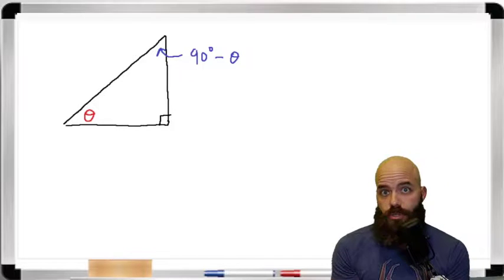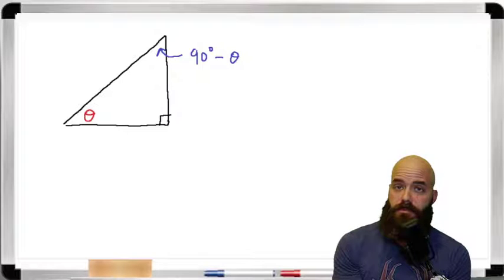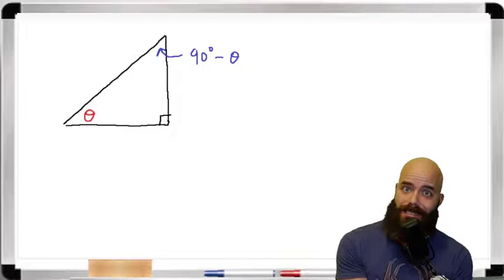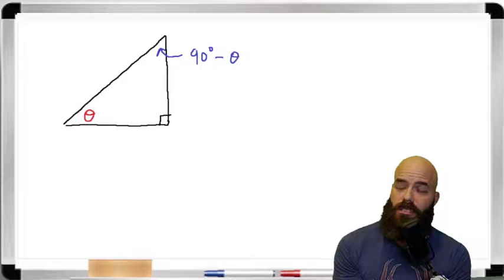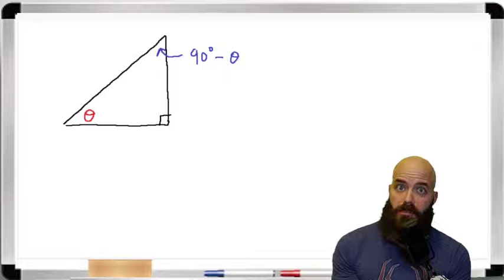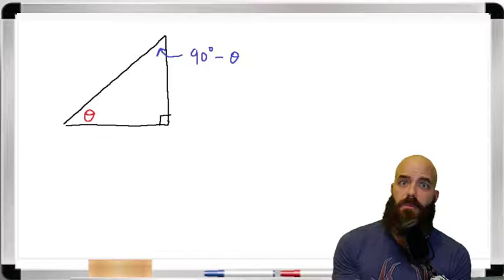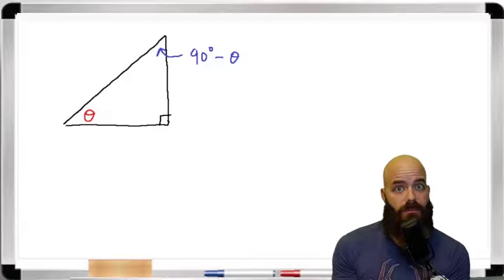And so the other two angles that are not right angles must add to be 90 degrees. And so if one is theta, then the other is 90 minus theta. Okay, because if you add those together, you'll get 90. In other words, if the red angle that I've labeled theta is 50 degrees, then the blue one that I've labeled 90 degrees minus theta is 90 minus 50, which is 40.